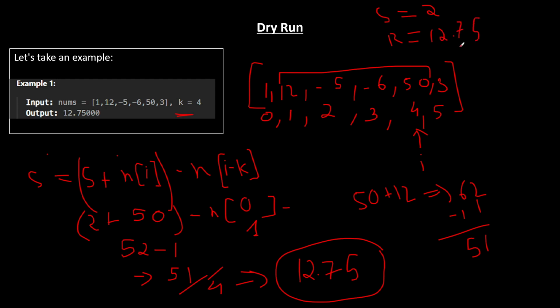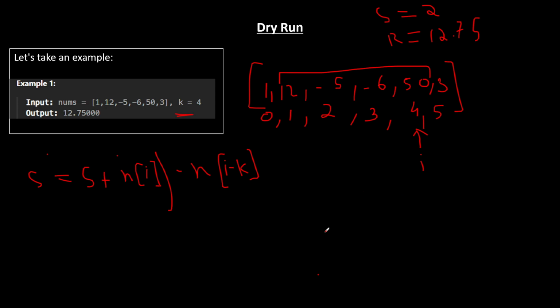Okay. So the first iteration of the sliding window is done. Our window will move again, from 12, minus 5, 6, and 30. I hope till now you understood why our window moved there.